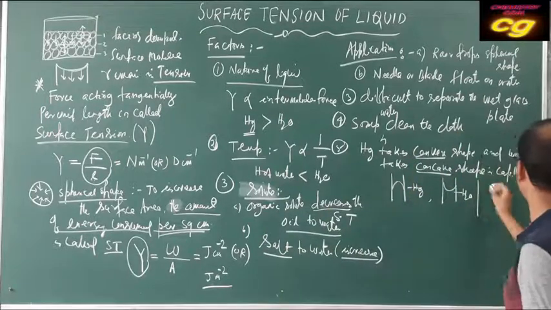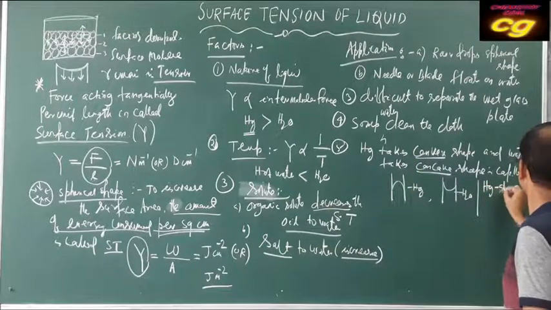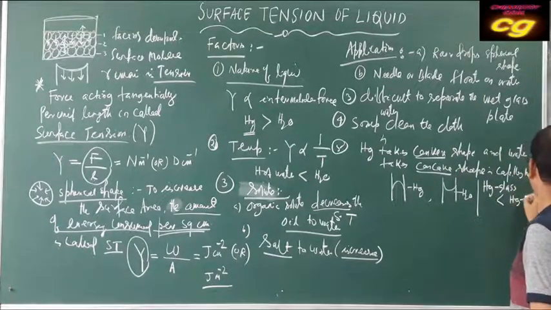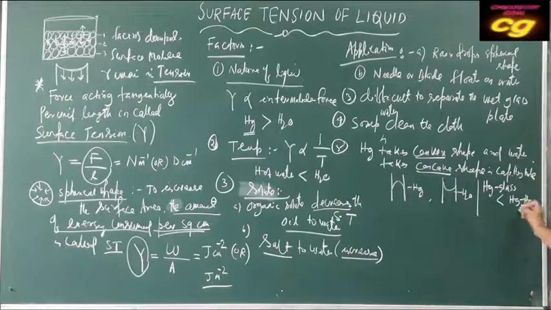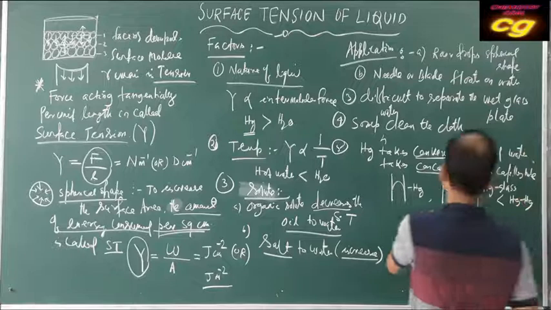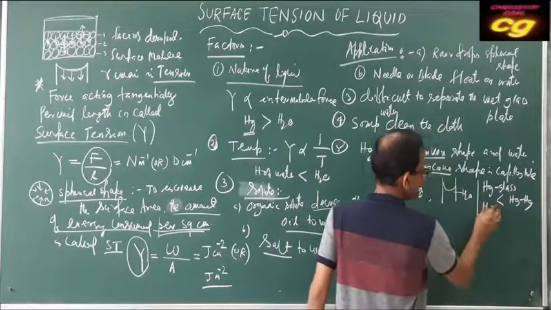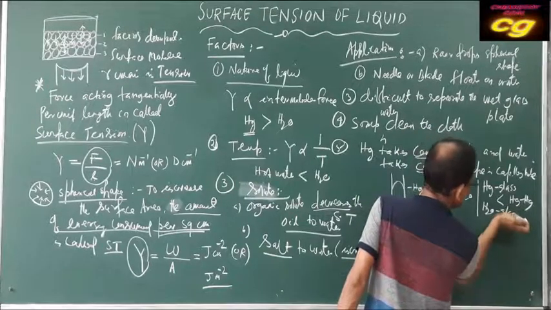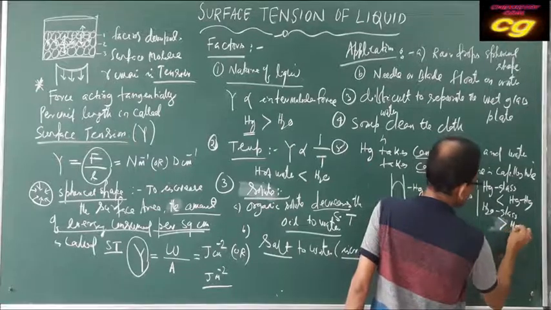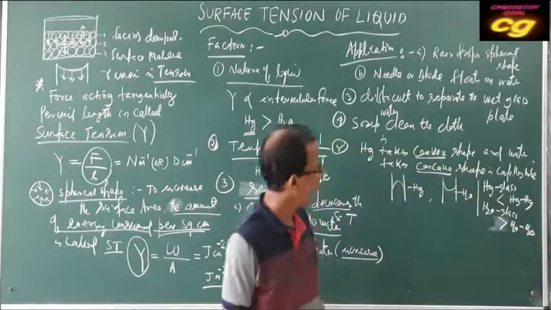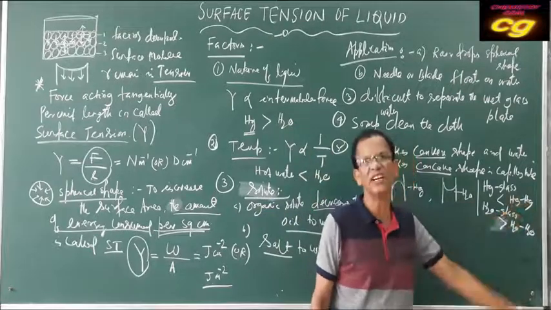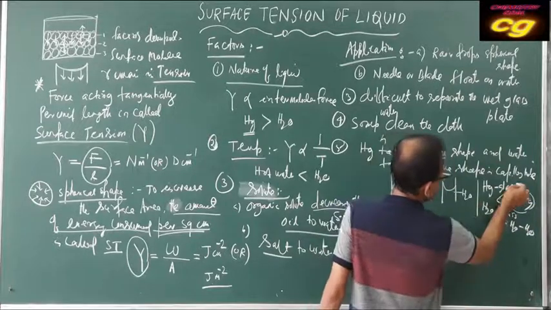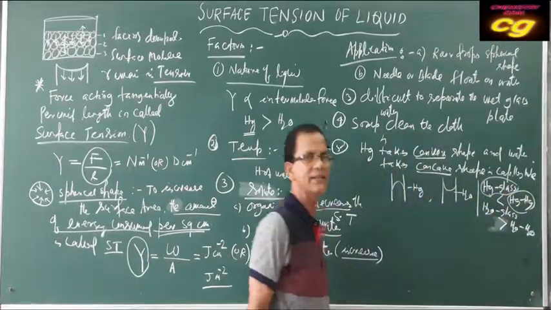Here, one application is that mercury and glass attraction is less than mercury and mercury, so mercury interaction is more. In the case of water and glass, what happens? Water and glass interaction is greater than water and water. Force between similar molecules is called cohesive force, and the force between mercury and glass is called adhesive force.